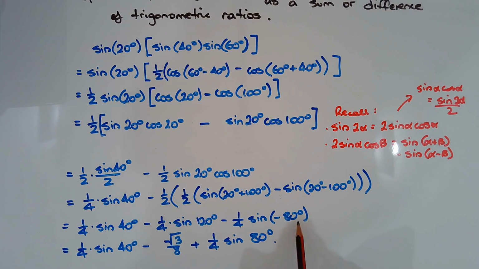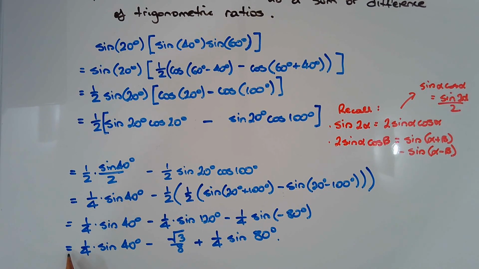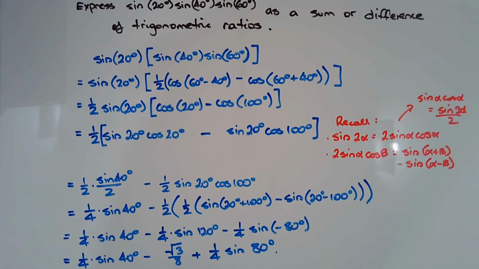Now, sine of negative 80. Recall that sine is an odd function, so that negative can come out to the front, and we can express sine in terms of a positive angle. Then we have a minus minus, which turns it into a plus. So let's go back to the original expression.